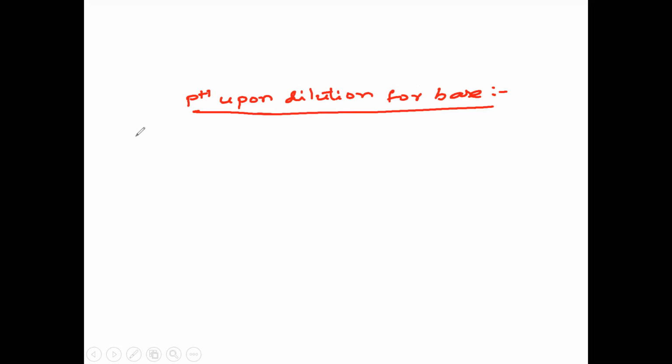So for this, let us take one consideration. The pH of ammonium hydroxide solution is 10. Just write it clearly.